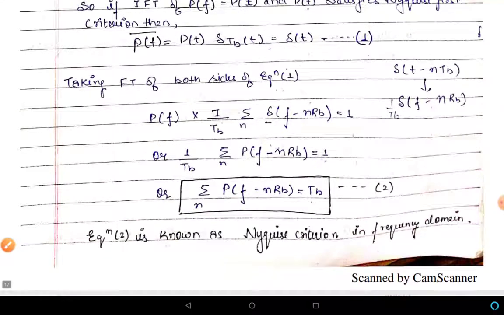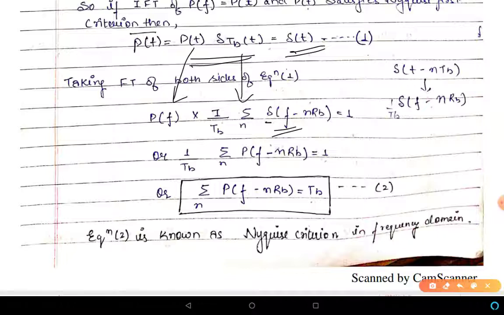So what I do is I take the Fourier transform of this side and the Fourier transform of this side. P(t) has a Fourier transform P(f). Delta TB, a comb function, has a Fourier transform of 1 by TB sum over all values of n of delta(f minus nRB). And delta(t) has a Fourier transform that is 1. So in that case, what I can say is 1 by TB sum P(f minus nRB) is equal to 1.